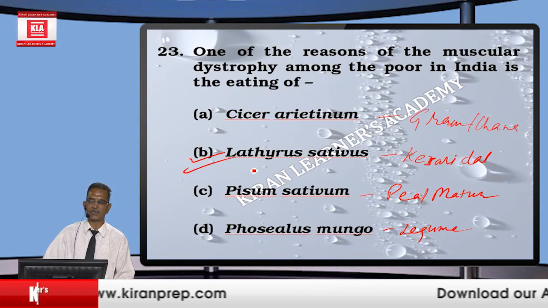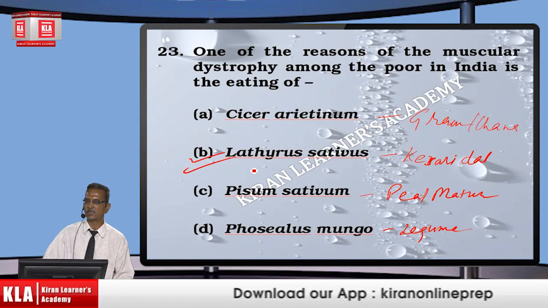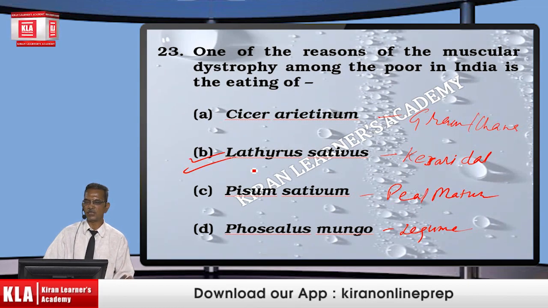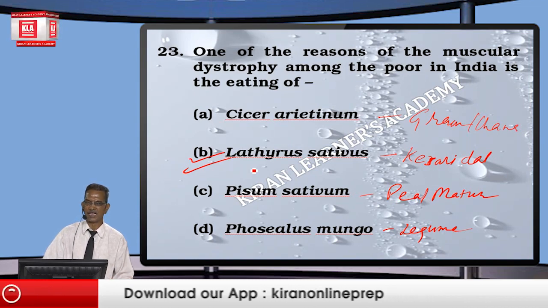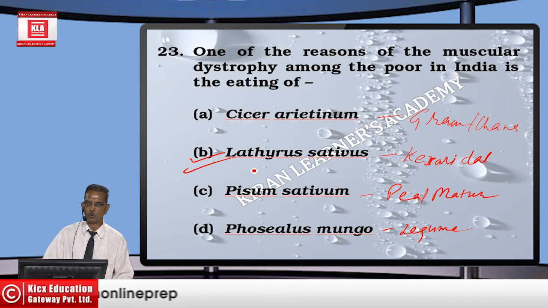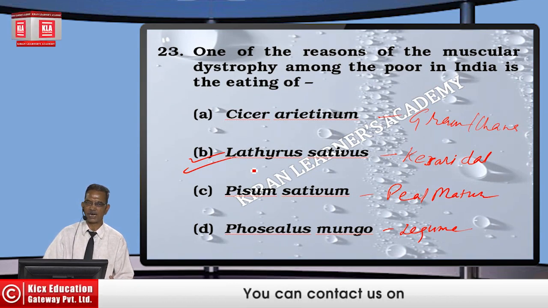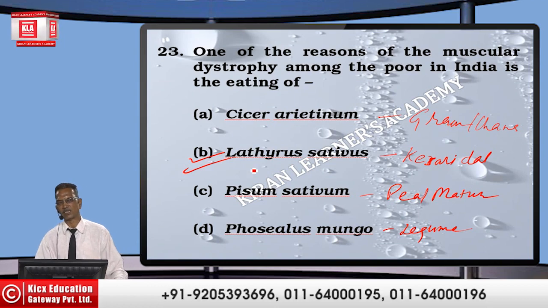What is happening is that these days Lathyrus sativus is easily available and it is comparatively cheap as compared to the other vegetables. There are certain legumes whose color and size match that of the Lathyrus sativus.